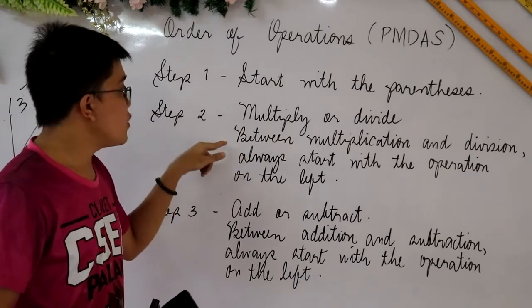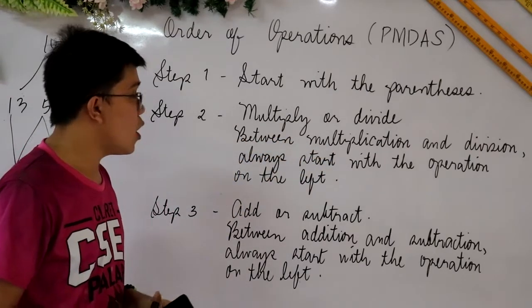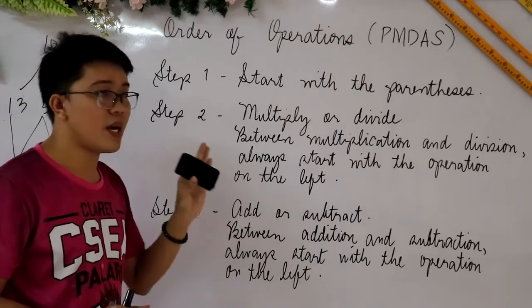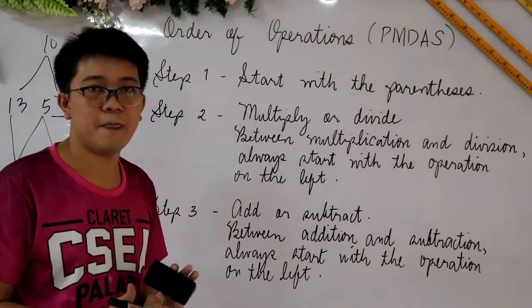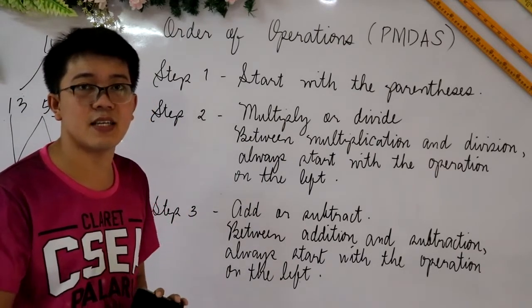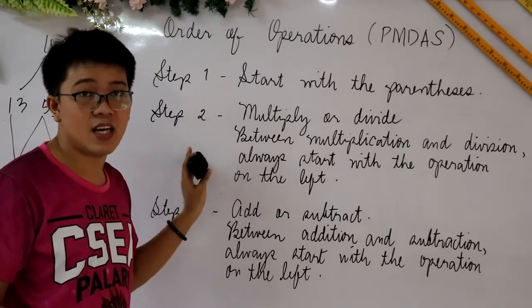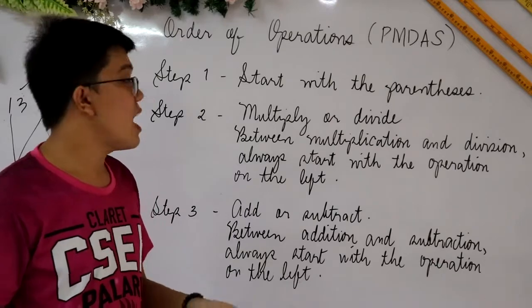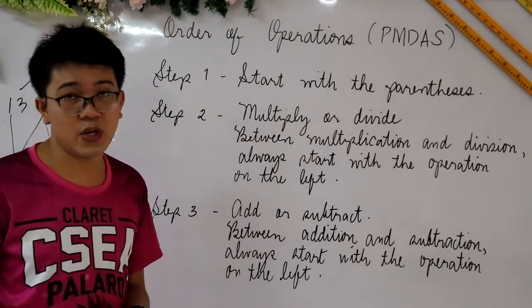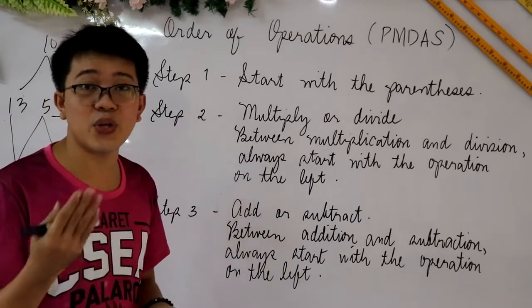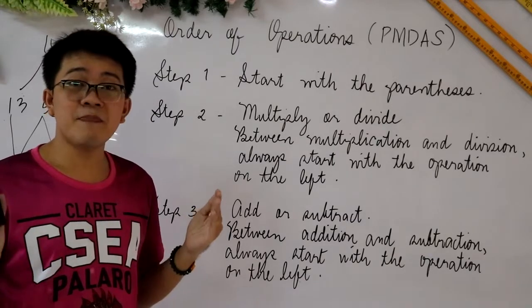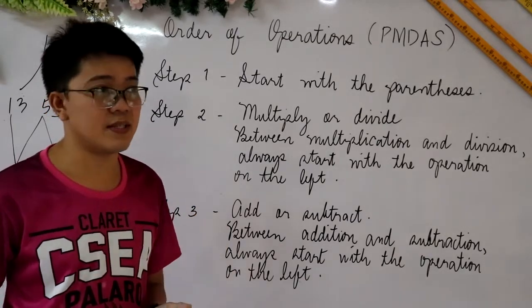But between multiplication and division, always start with the operation on the left. Whichever comes first, if division comes first, then you have to divide first. If multiplication comes first, then you have to multiply before you divide. So it depends on whichever comes first.